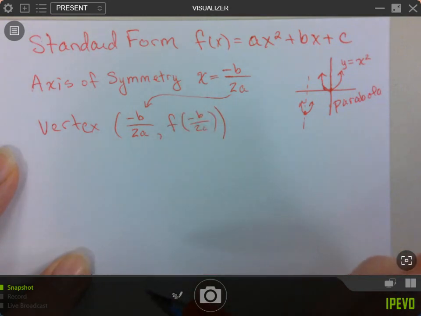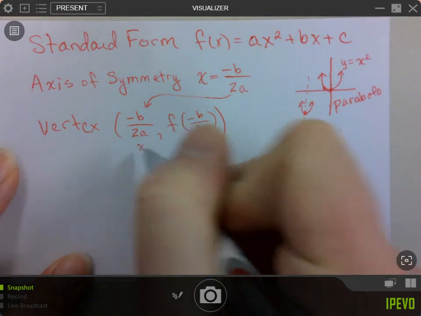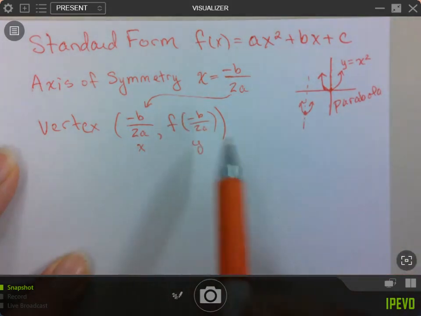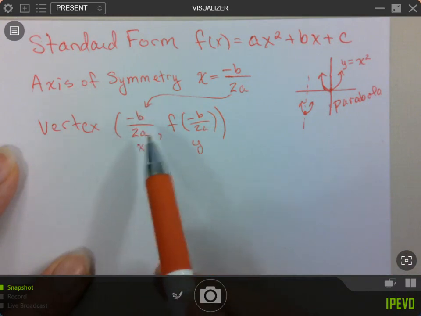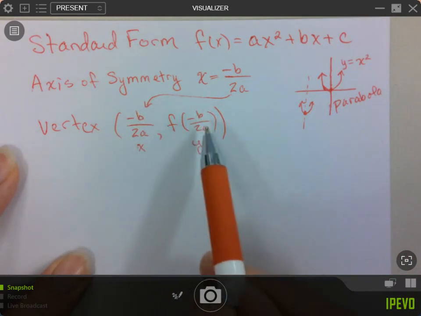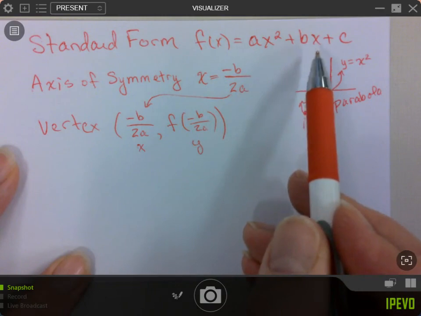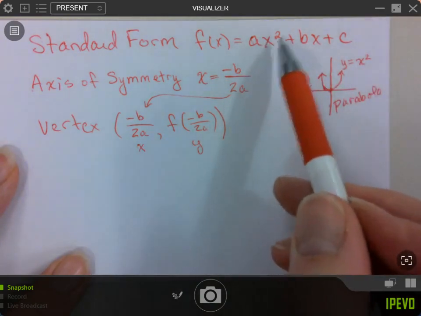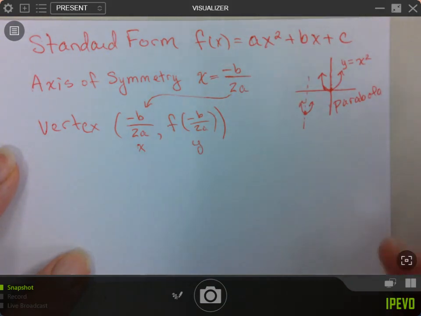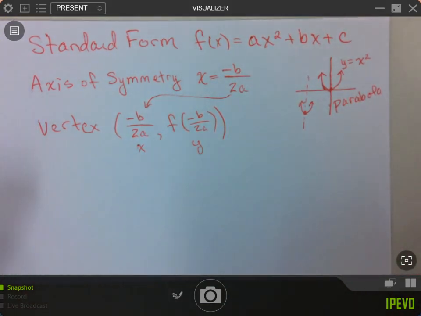What's f of x the same as in general? Same as y equals. So this is your x value, this is your y equals, and all this is telling you is whatever you got for x from negative b over 2a, take that number and plug it back in everywhere you see x here. The other important thing is that you have to use parentheses because of the power of 2. This rule is the same for both standard and vertex form.